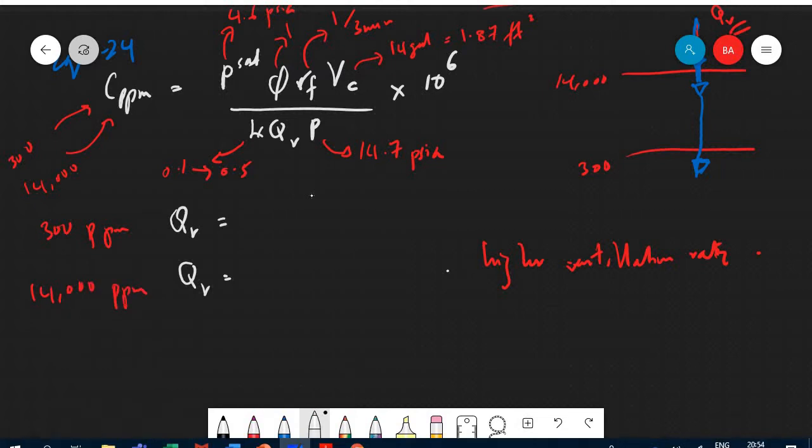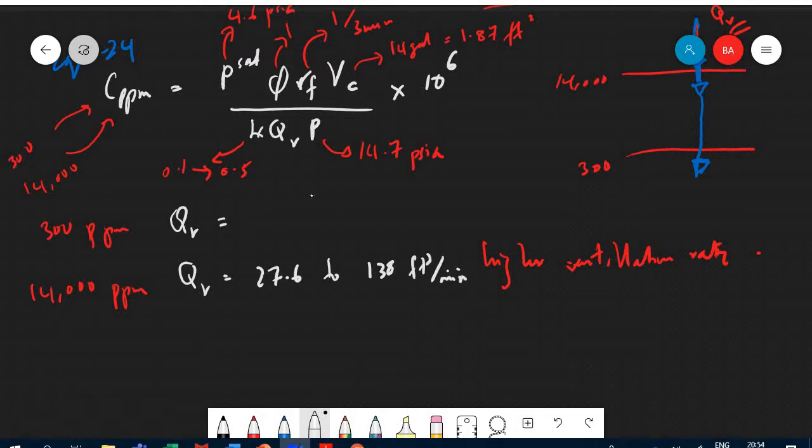So your QV here ranges from 27.6 to 138 feet cube per minute.